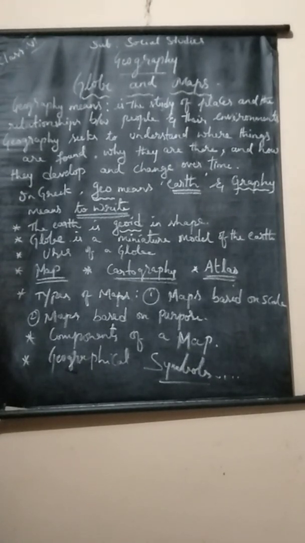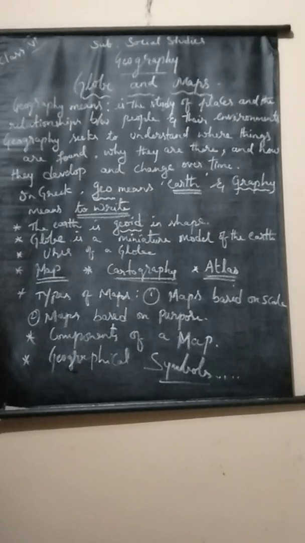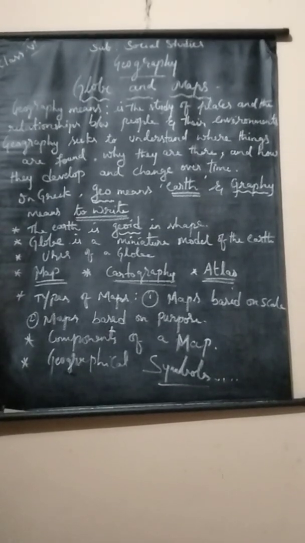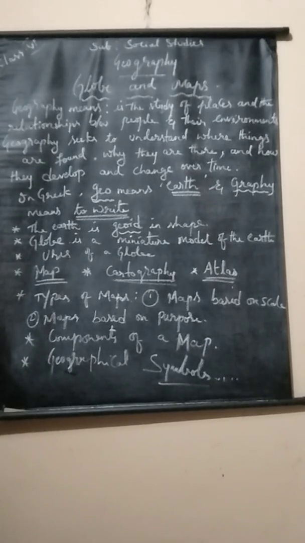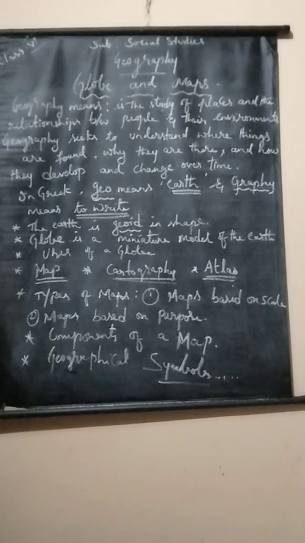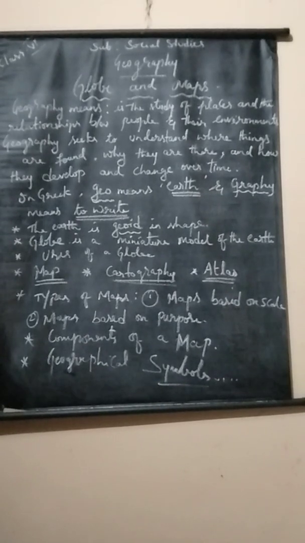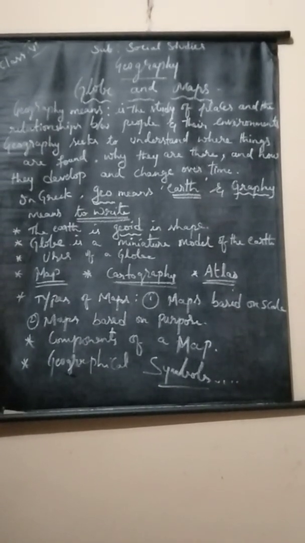The globe gives us only very general information about the earth. Maps are very essential to get detailed information of a place like a state or a country, and also about the geographical features.